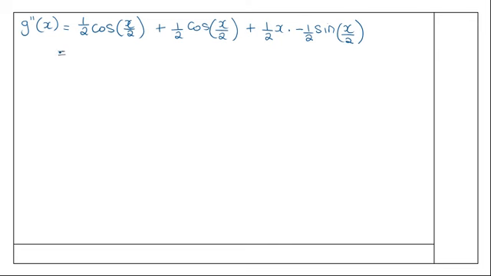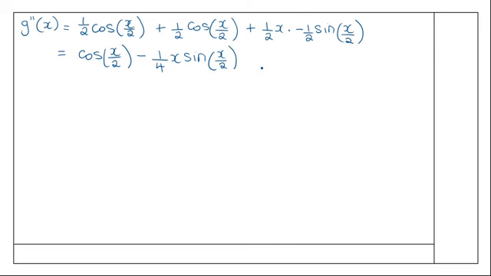See if we can simplify this. These two are like terms. So half plus half, that's 1. So that gives me cos of x over 2. And then this is going to give me negative a quarter x sine of x over 2.